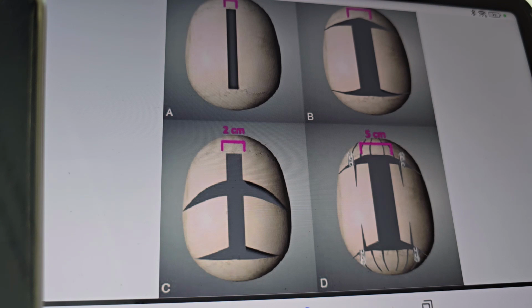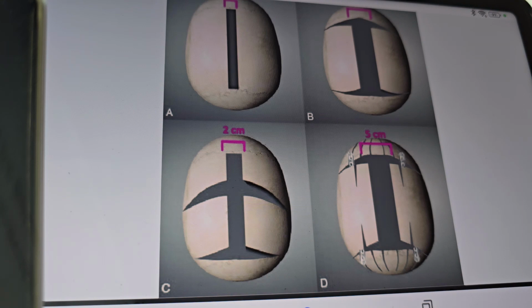Actually all are working. It depends upon the patient and the expertise of the operating surgeon. What I did up till now, 1.5 centimeter, 2 centimeter, is really giving a decent result.